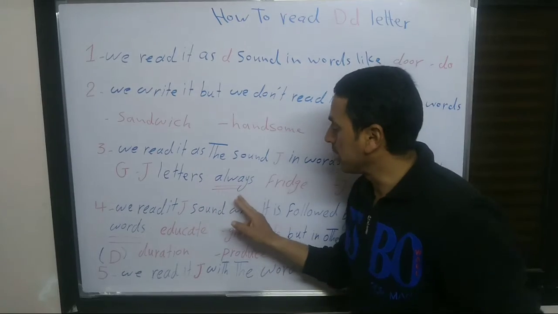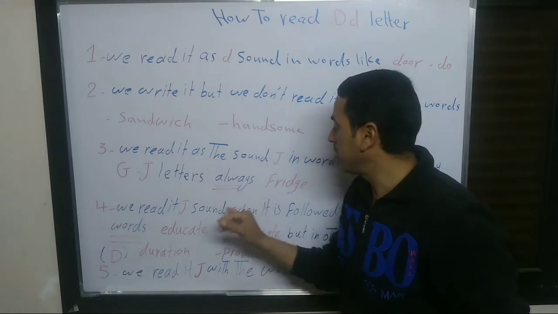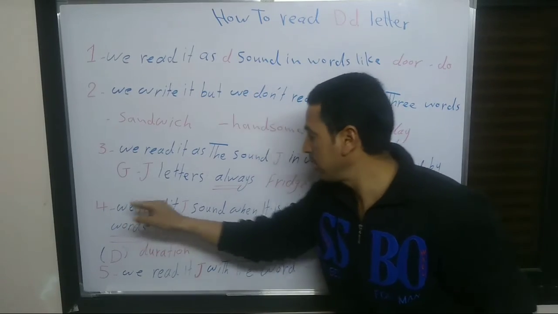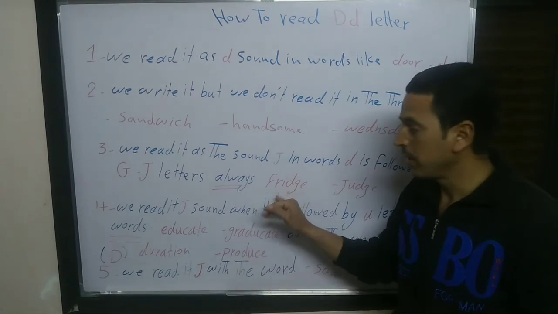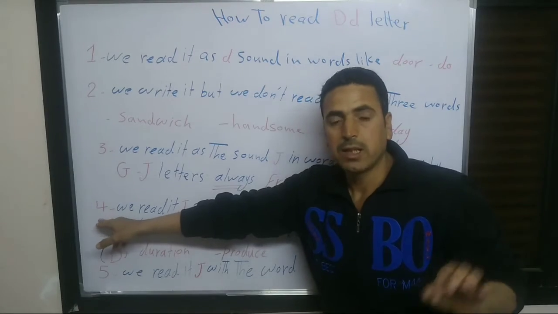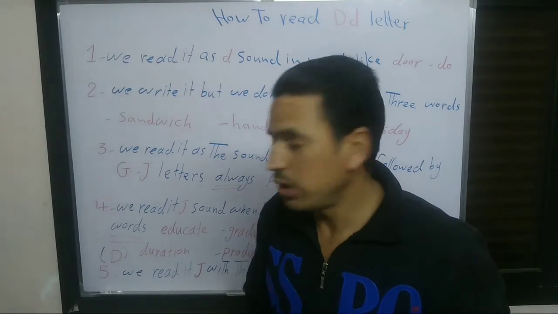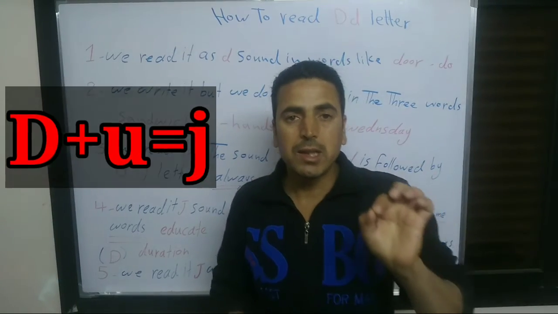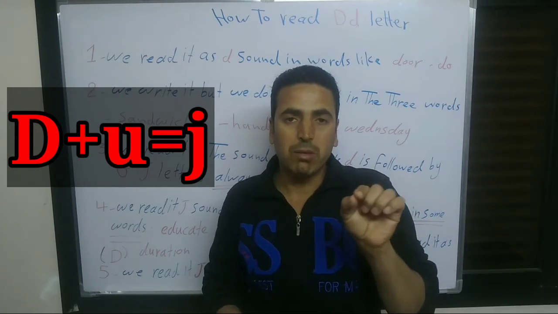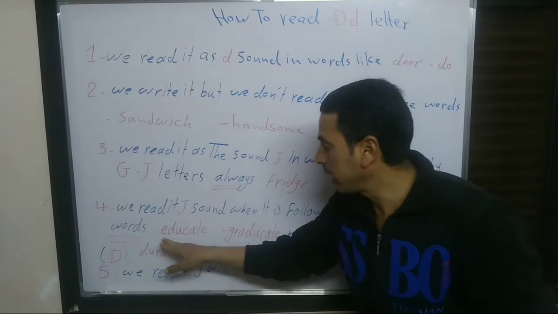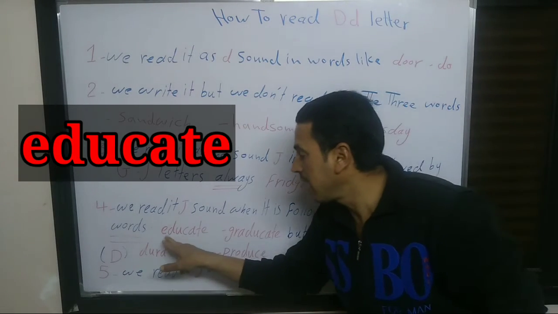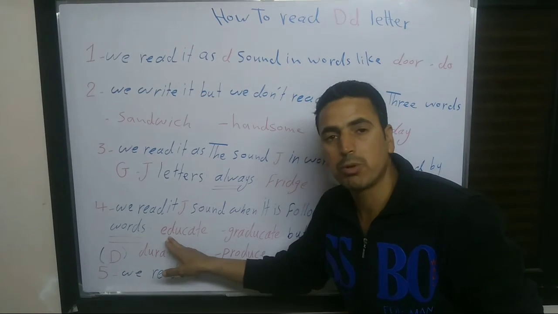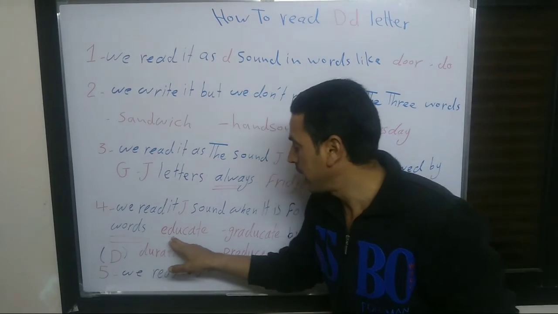Here, always, in all words, whenever we see D followed by G or J, we pronounce it as J. But here the fourth rule says that we pronounce it as J, but in some words, not all words, when the letter D is followed by U, like educate. Here D followed by U, we pronounce it as J. Educate.